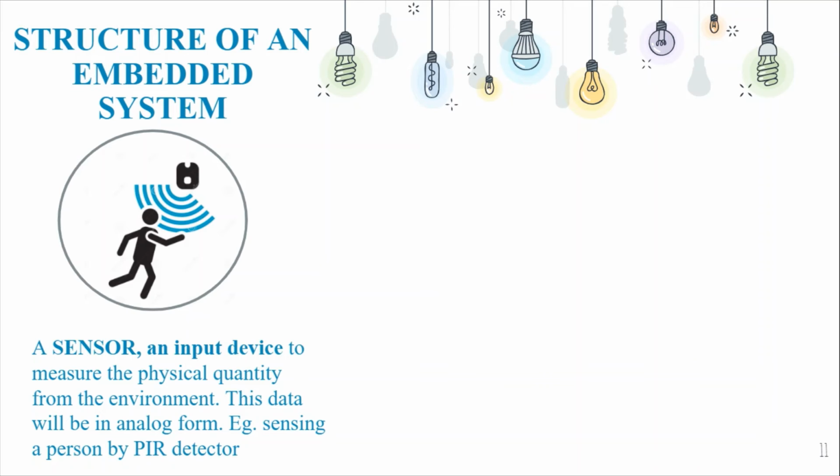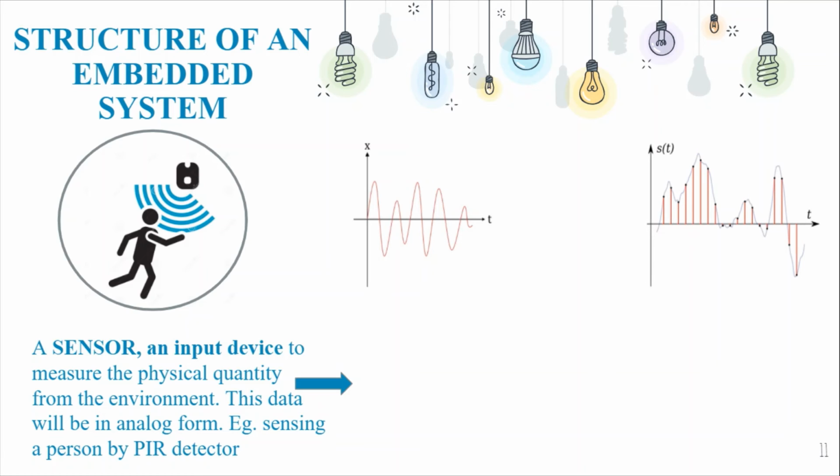The data that the sensor captures are in analog form. The physical data will have infinite values between 0 to 1. But it is very difficult to perceive and cannot be understood by a microcontroller. So, these data have to be converted to non-continuous values, where there are only quantifiable values between 0 to 1 instead of infinity.